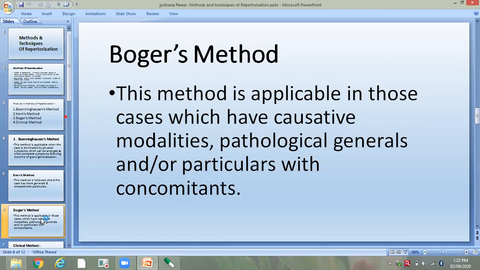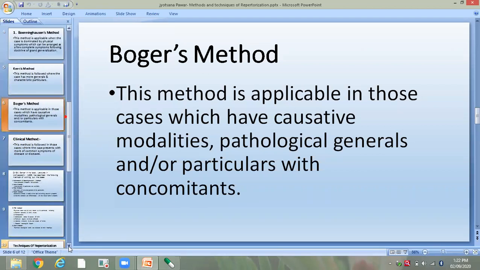So in which case we get prominent causative modalities, prominent exciting factors which cause the disease condition, as well as pathological general symptoms and or particular symptoms with a concomitant, then Boger's method is helpful for such type of cases.